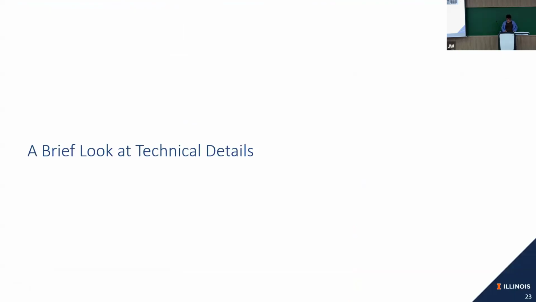Okay, technical details. I definitely don't have enough time to talk about all the technical details, so I'm going to skip equations a lot. But if you're really interested, I have a couple of lecture notes made available online.